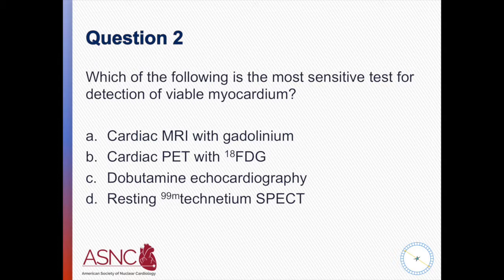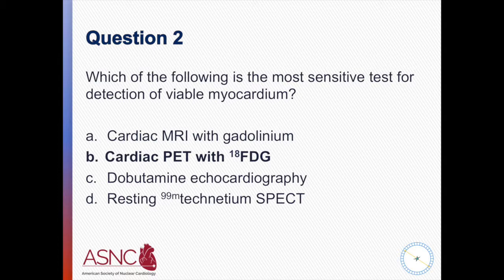So the question is most sensitive test. Right. So as we discussed, when comparing the different imaging modalities available for viability assessment, cardiac PET with FDG is really the most sensitive and the only test that directly images hibernating myocardium.